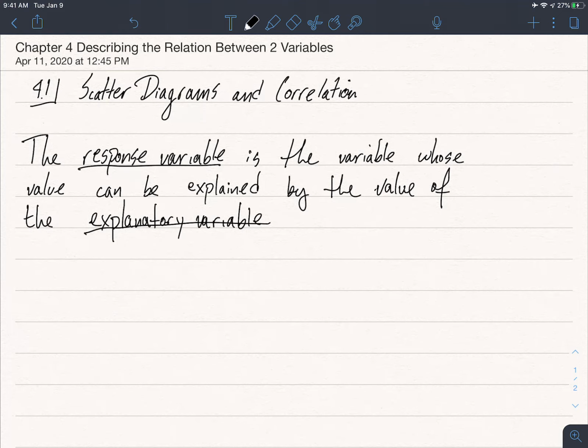Sorry, my underlining is pretty bad. Still not used to this. So the response variable is the variable whose value can be explained by the value of the explanatory variable. Sometimes you'll hear it called predictor variable.